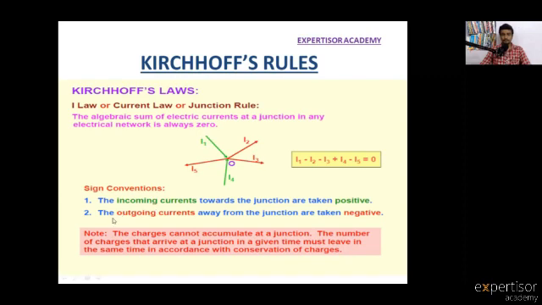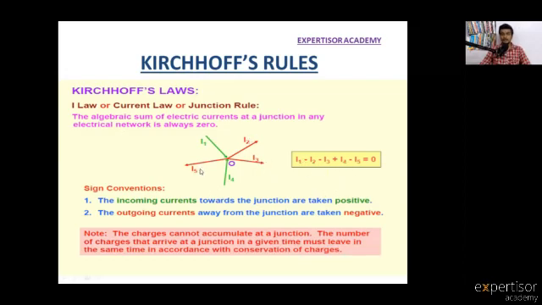Next, the outgoing currents away from the junction are taken negative. The outgoing currents are I2, I3, I5, so these three electric currents are negative. I1 and I4 are moving towards the junction, so these two currents are positive.